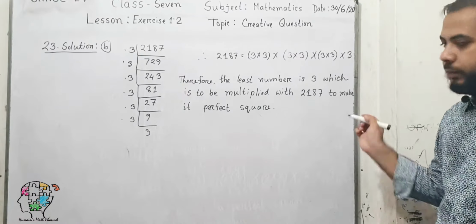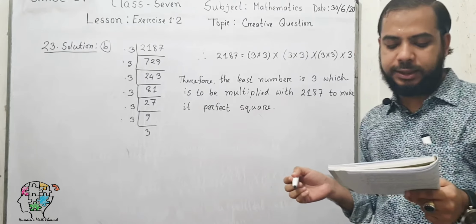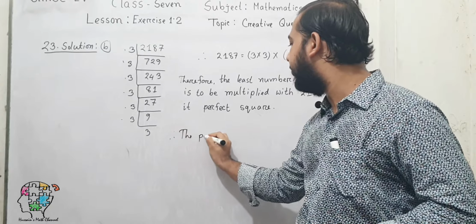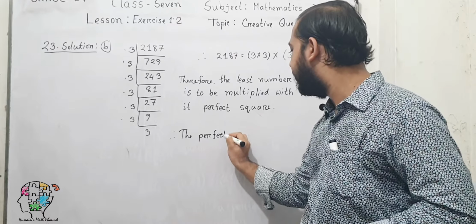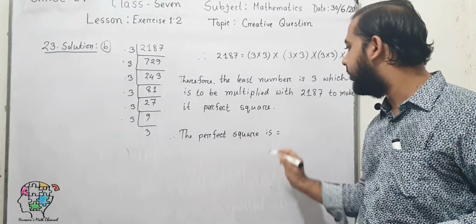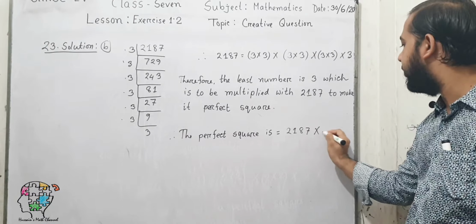Now question B asks again, what is the perfect square number? That means we need to know, therefore the perfect square is 2187 times 3.